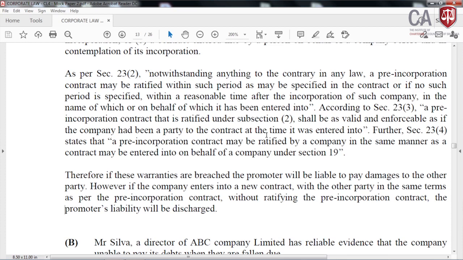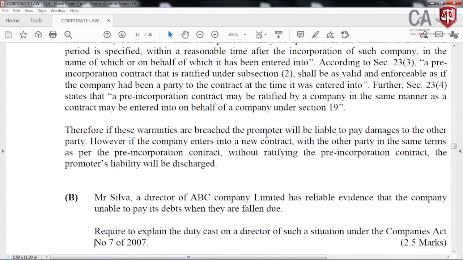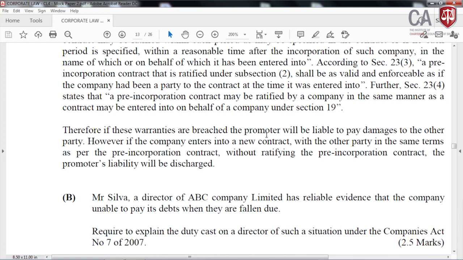Otherwise, the new company has to ratify the pre-incorporation contract either within the stated time period or within a reasonable time period as per the Companies Act. So that is how you must arrive at the conclusion of that answer.